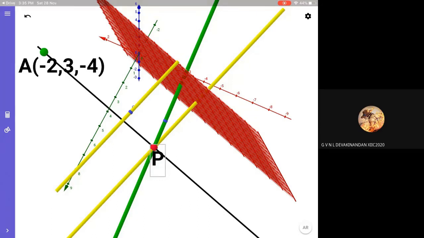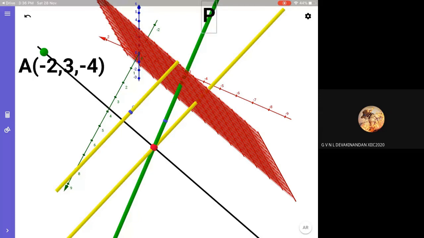Now to get the value of P, what is the technique? In the question we are given one line. Which line is that? It is the green color one. So we can consider any point on this green line. Any point on the green line you can find out because we are given the equation of the green line. Any point on the line can be taken in terms of lambda, which I have taught you in the previous question.